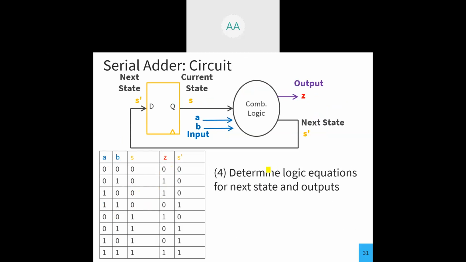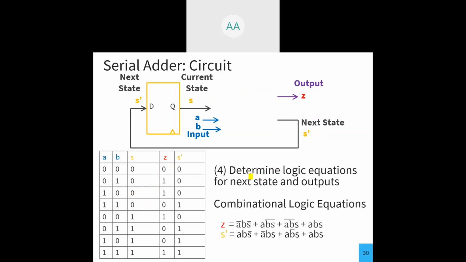So we need to determine the logic equation for the next state and the output. This is for the output and this is for the next state. So for Z, how many ones are there? 1, 2, 3, 4. From the truth table we are not using K-maps, but if the circuit is complex we can still use K-maps to simplify the circuit diagram as well.